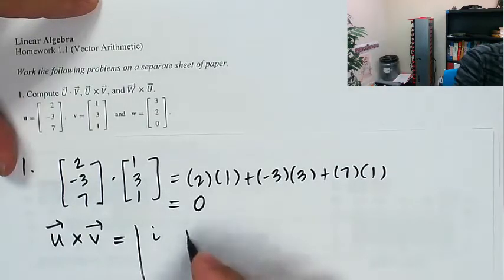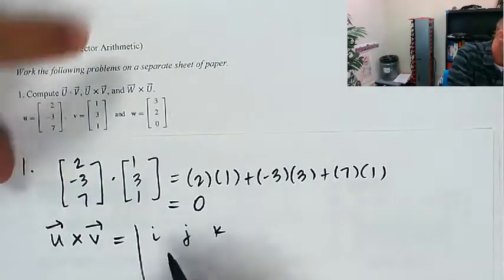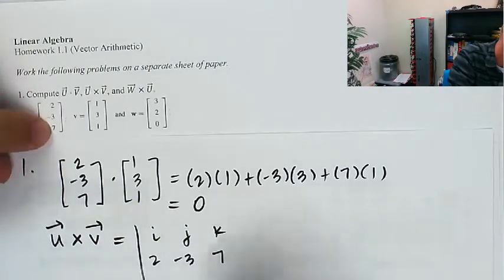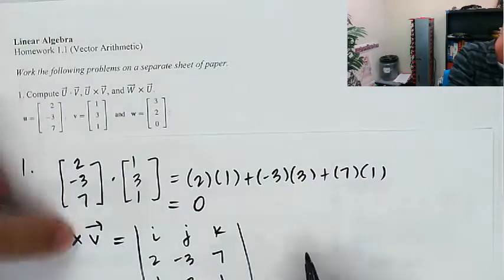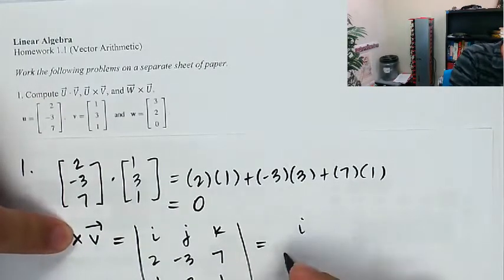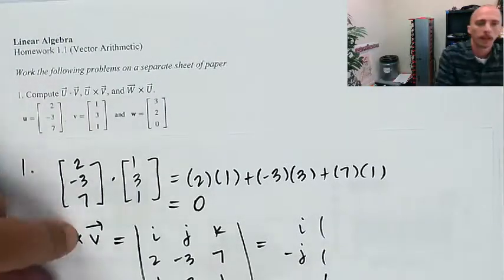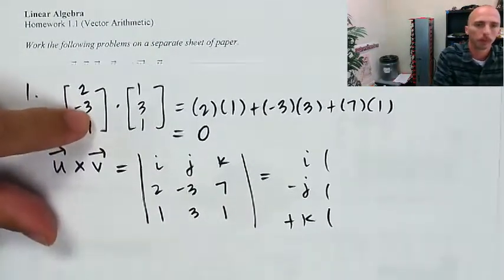set up my little matrix, i, j, k. u is 2, negative 3, and 7. v is 1, 3, 1. Oops, didn't realize I was running out of room there.